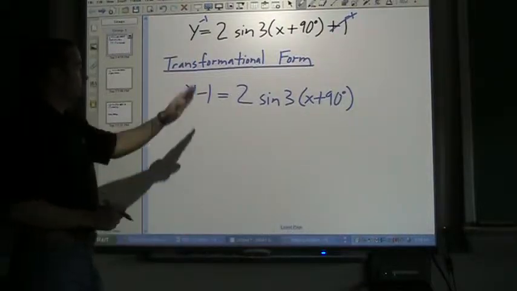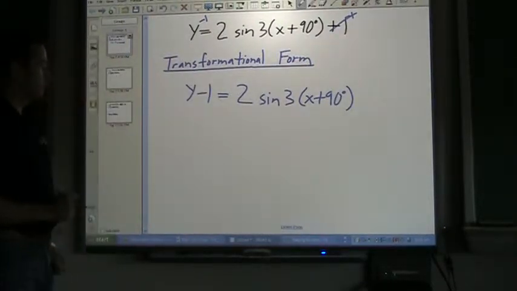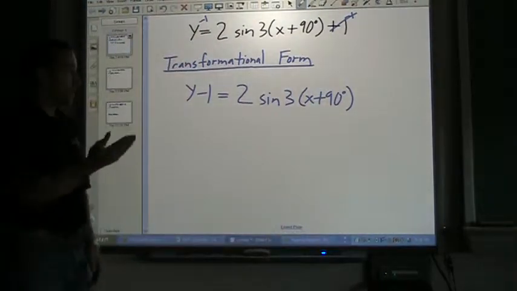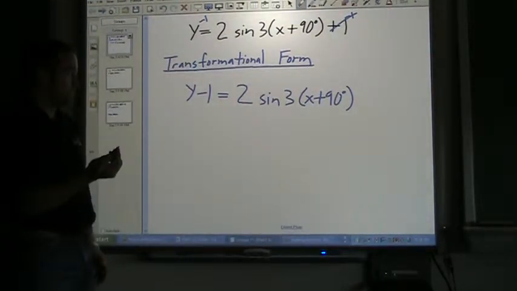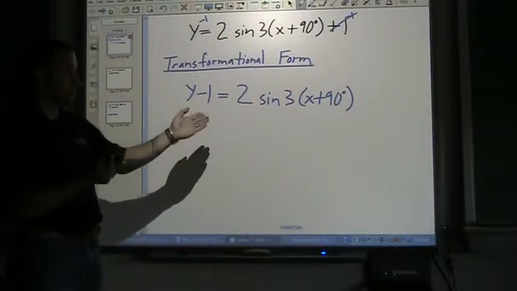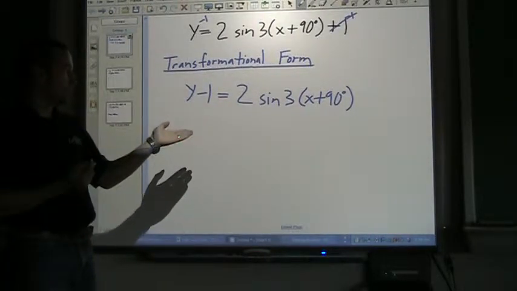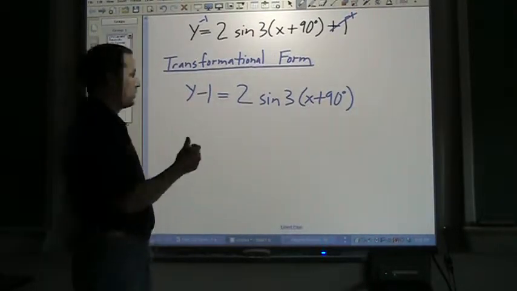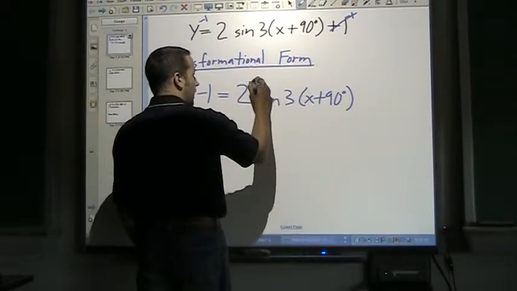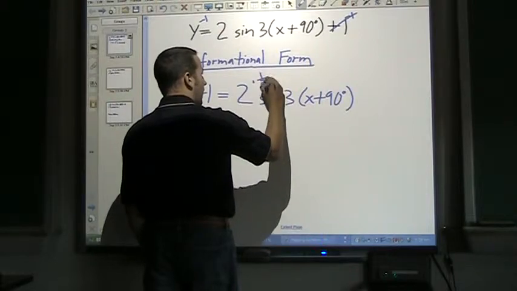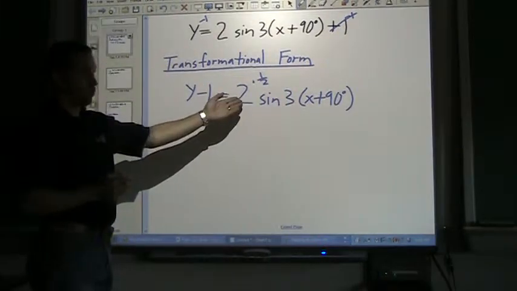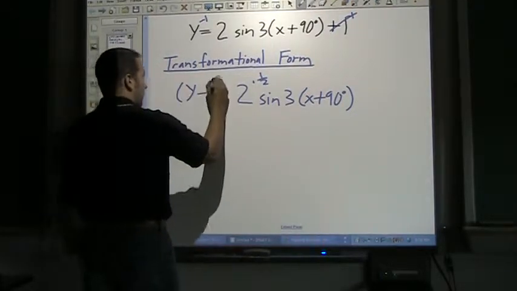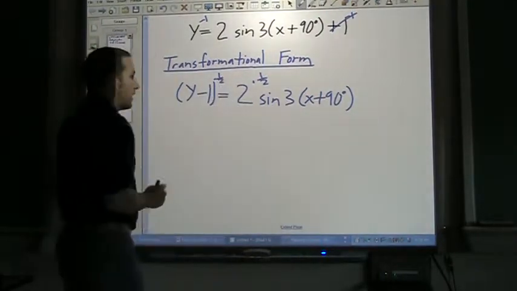Now I also want to bring the 2 over to the other side. What I've got here is 2 times all this. The opposite of multiplying by 2 is dividing by 2. Or the way I like to think of it is, what do I have to multiply by 2 to get 1? It's 1/2. So if I multiply 2 by 1/2, this makes the 1 out in front. Over here, I also multiply this whole thing by 1/2.